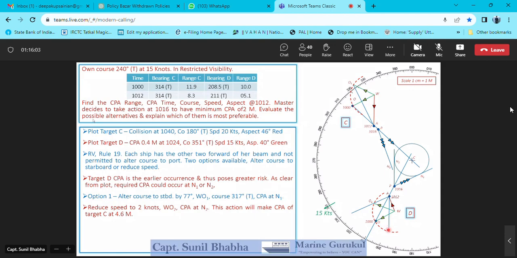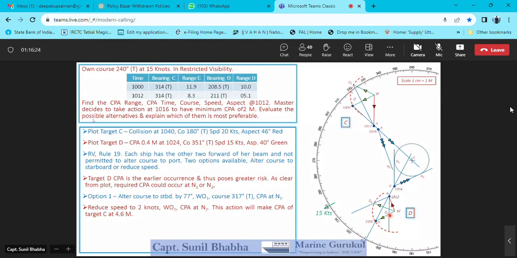Now, this new relative line of approach from point Alpha intersects our WO vector at this particular point, and let us name this point O2.